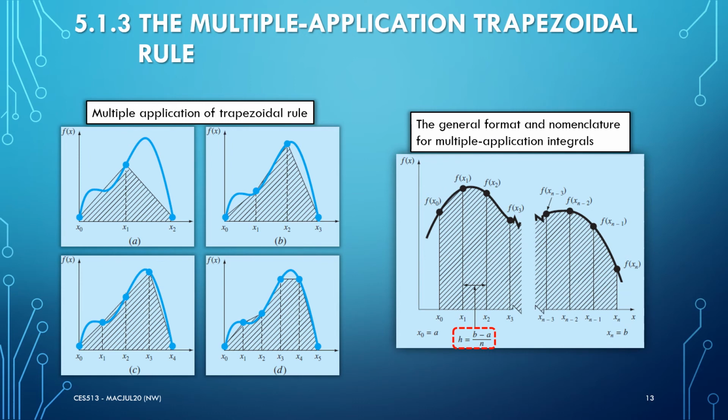One way to improve the accuracy of the trapezoidal rule is to divide the integration interval from a to b into a number of segments. For example, here on the left side of the figure, it's a multiple application of the trapezoidal rule. For (a), we divide the integration interval of a to b into two segments.